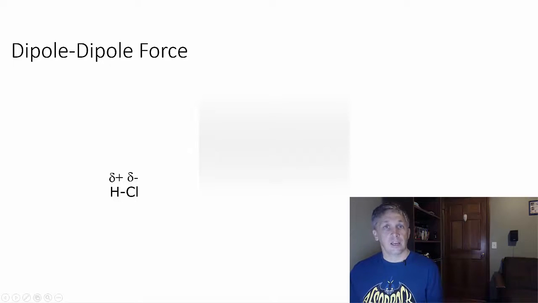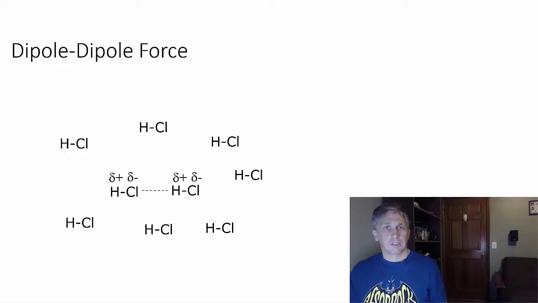So if it comes near another polar molecule, like another hydrogen chloride, just like magnets, opposite charges attract. So the negative end of one molecule gets attracted to the positive end of another molecule, or vice versa. And you usually have a bunch of these types of molecules in a given place, so you get a bunch of these interactions going on.